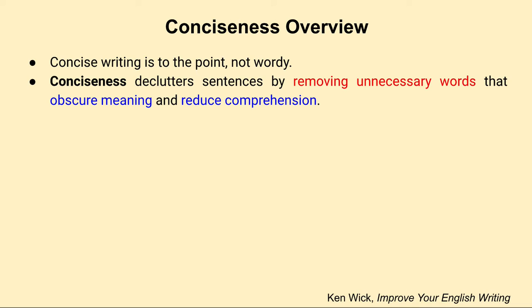In the last video we talked about how the longer the sentence is, the lower the comprehension rate. So if you have a shorter sentence, people will comprehend it better. So we want to remove the unnecessary words, and the real focus behind concise writing is making every word count. You want to make every word count.